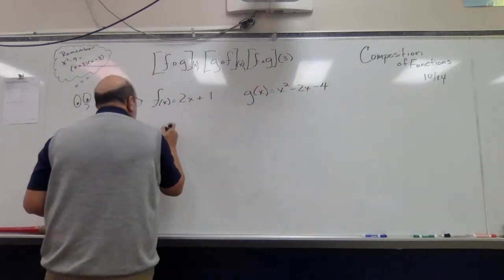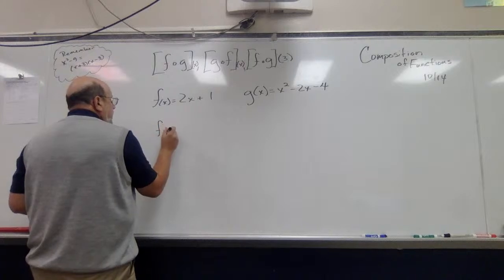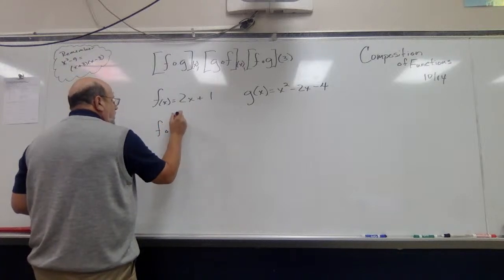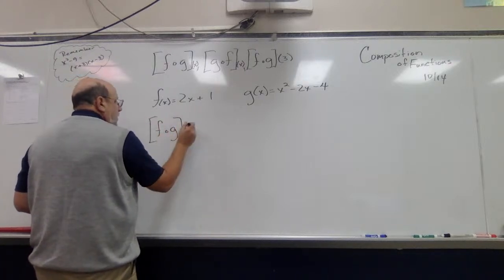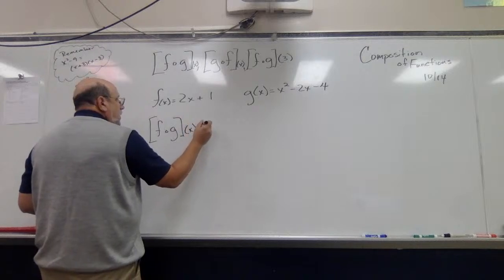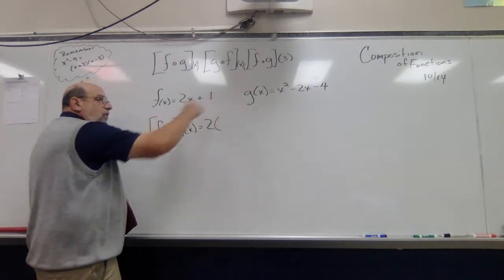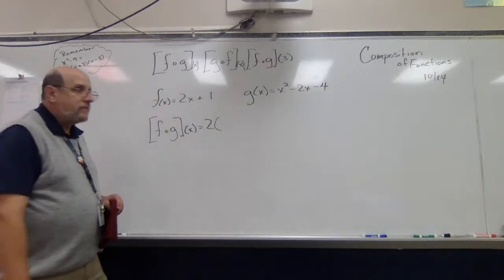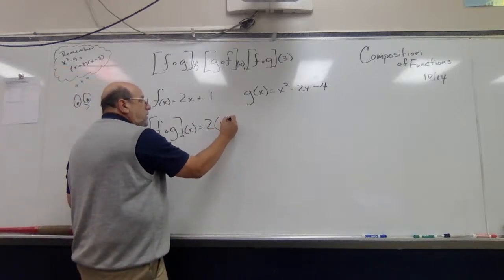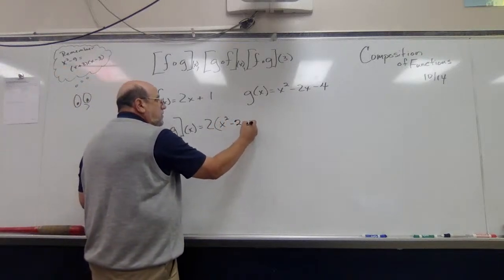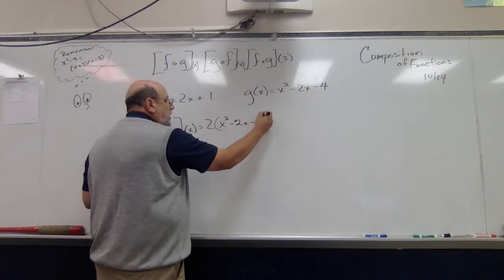So when we do f of g, it's going to be 2 times that whole function, right? x squared minus 2x minus 4.